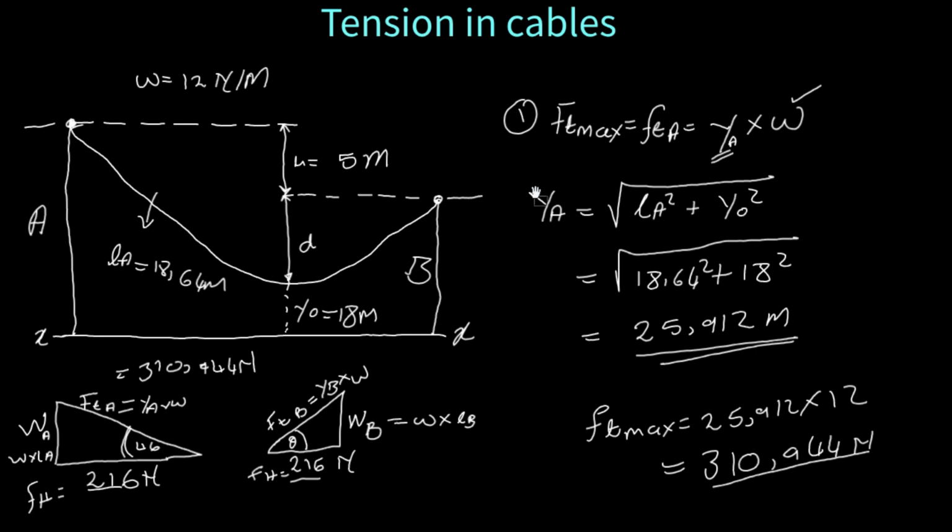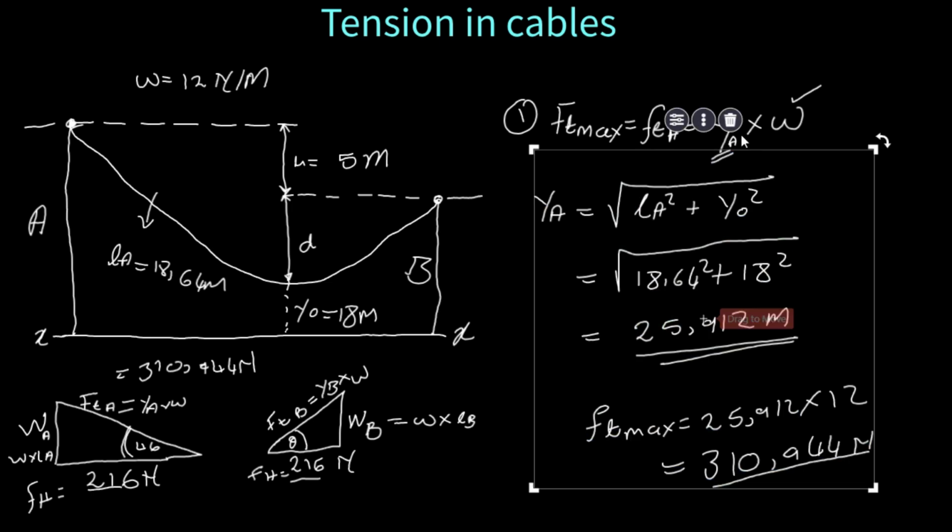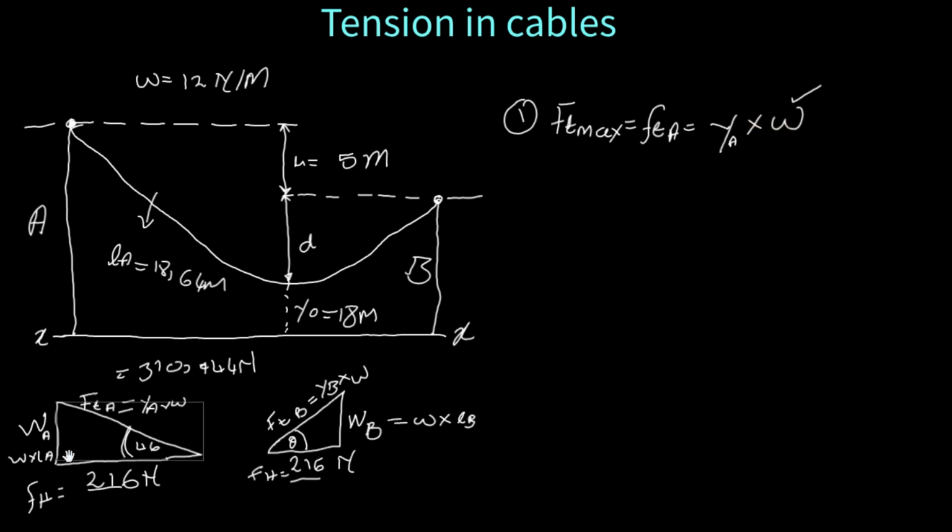Now, I know most of you might be wondering, why didn't we use trig ratios to get these values? Since we were able to use trig ratios to get this WA for us to be able to get LA, why didn't we just use the trig ratios and say cos theta equals adjacent over hypotenuse, where we are going to have something like this.